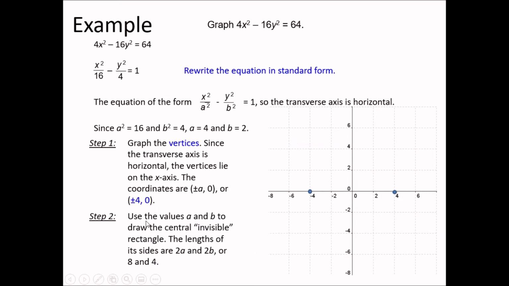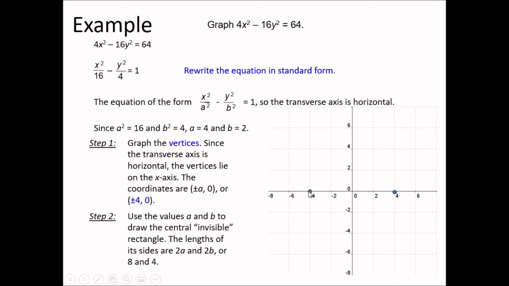Next step is use the values a and b to draw the central invisible rectangle. Paano yun? Gamitin natin yung b. Yung b natin, kunin natin yung conjugate length. Conjugate length natin is 2b. So, yung length is 2 times b. So, we have 2b. 2b is 2 times 2. We have 4.